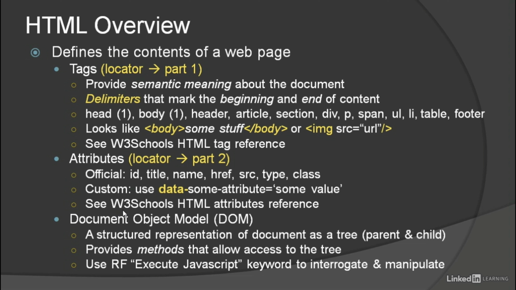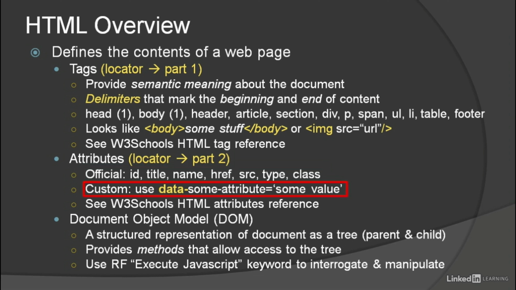And to see a list of those, you can Google W3 School's HTML attributes reference. But some of those official attributes include ID, title, name, href, source, type, and class. And class, of course, pertains to CSS classes, and we'll cover that in more detail in a few minutes.